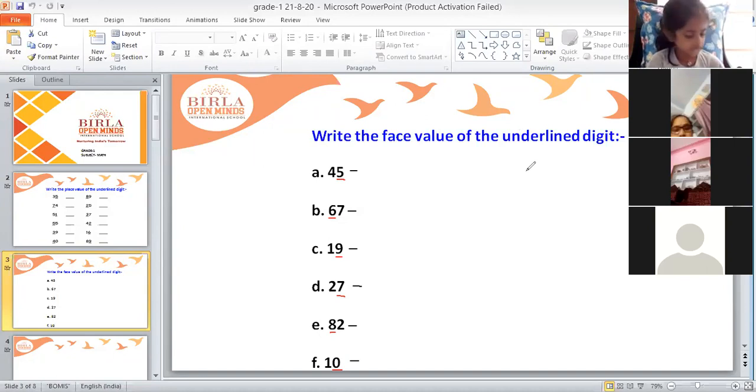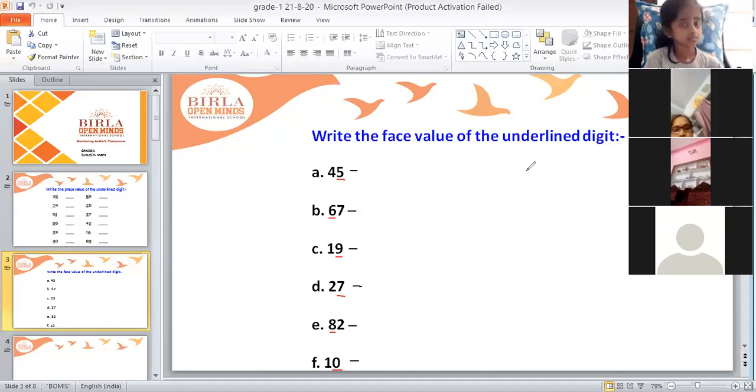Write the face value of the underlined digit. I have underlined the number with red color. Yes, children.